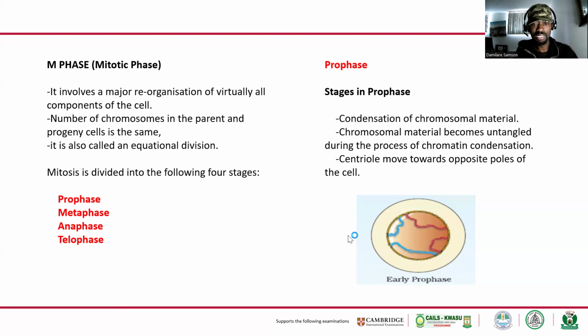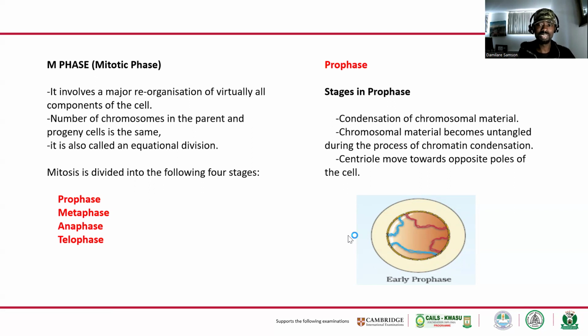Now, mitosis is divided into 4 stages. We have the prophase, the metaphase, the anaphase, and the telophase. Now, the stages in prophase: condensation of chromosomal materials. Remember, in interphase, chromosomal material, DNA, proteins, everything has been synthesized. So in prophase, there is condensation of chromosomal material.